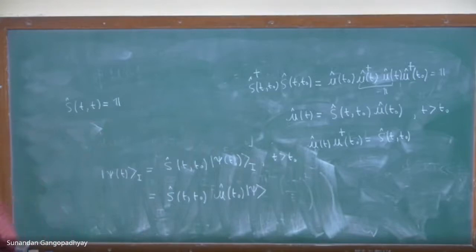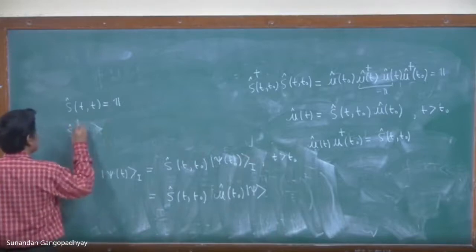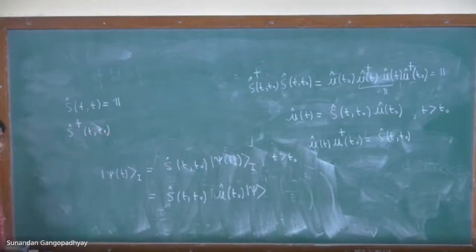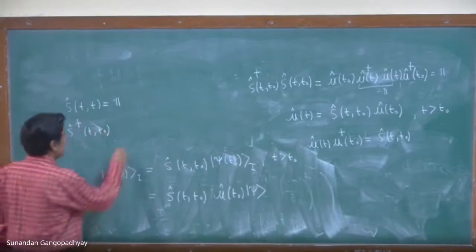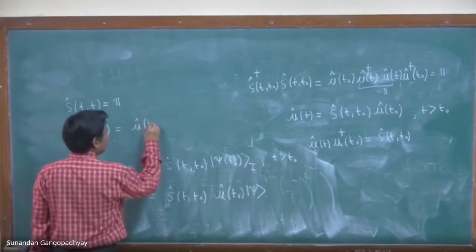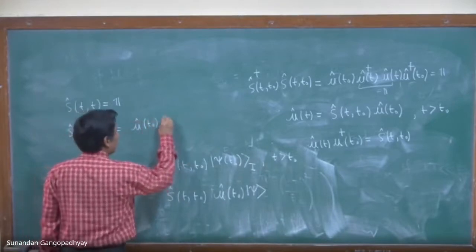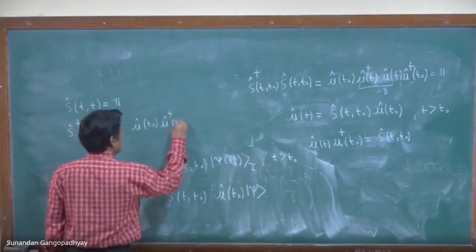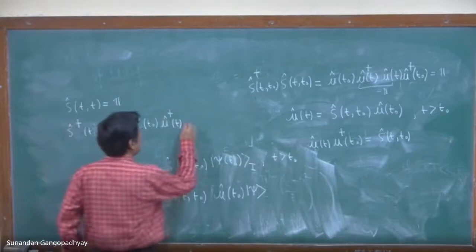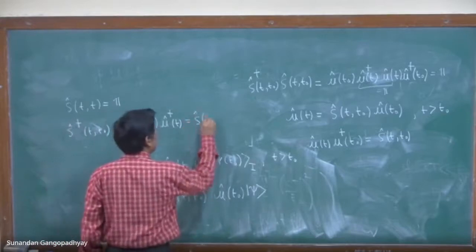And then let us take the dagger of the S hat operator. If you take the dagger, this will give us U hat t naught U hat dagger t. But this by definition is nothing but S hat t naught comma t.